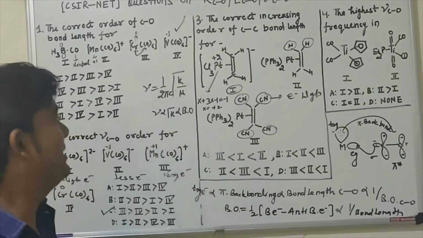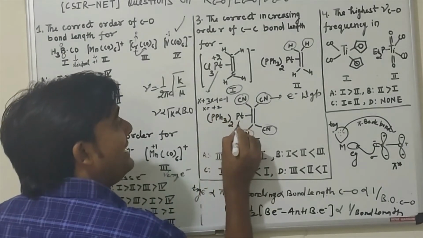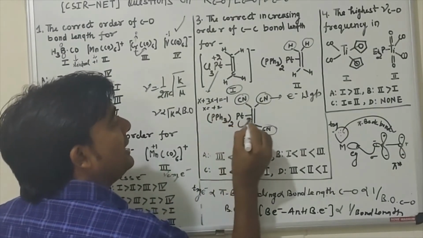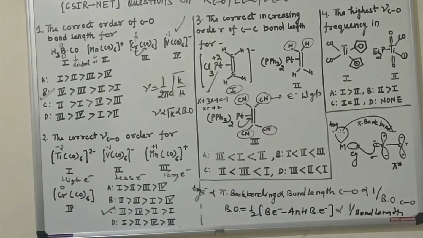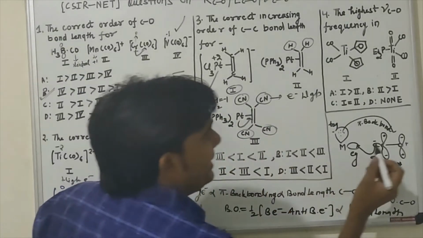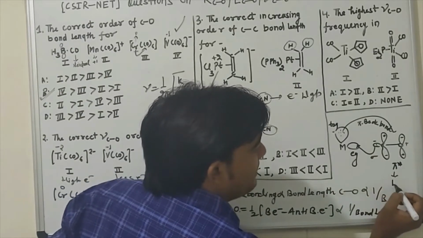If the energy of the LUMO of ethylene is decreased, then Pt will easily transfer electron density into the LUMO of this molecule. You can see this is the LUMO because it accepts the electron density.